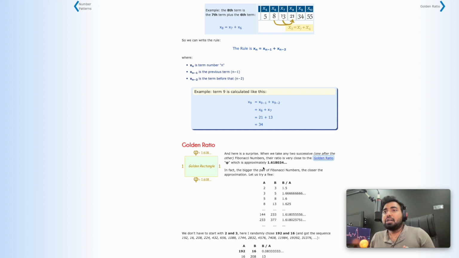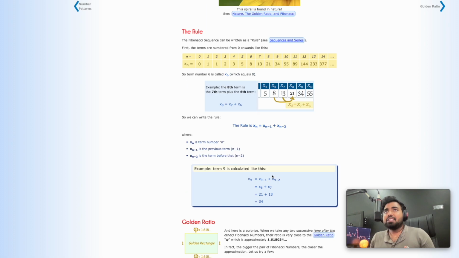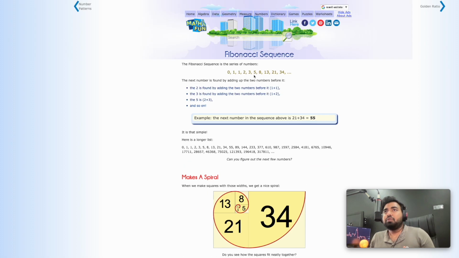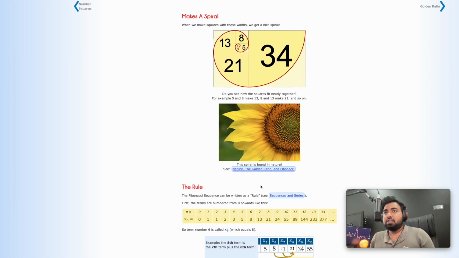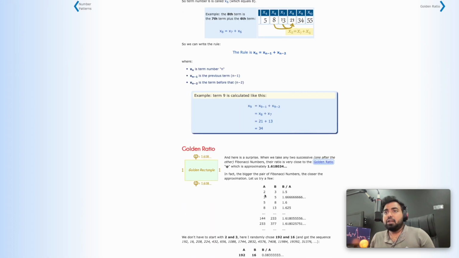Okay, so you can see each pair: 1, 2, 3, 5, 8, 13, 21, 34. Here 3 divided by 2 is 1.5, 5 divided by 3 is 1.66, 8 divided by 5 is 1.6. So two successive numbers are divided; they have taken the ratio of the Fibonacci numbers.